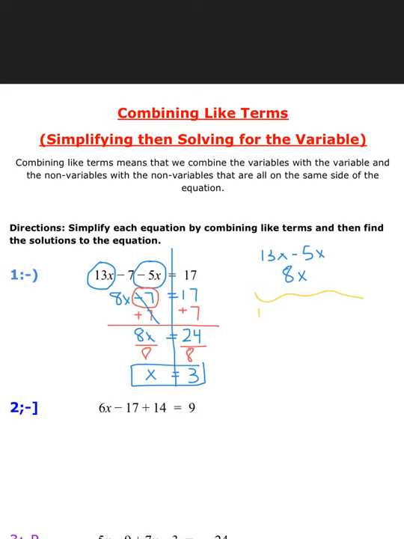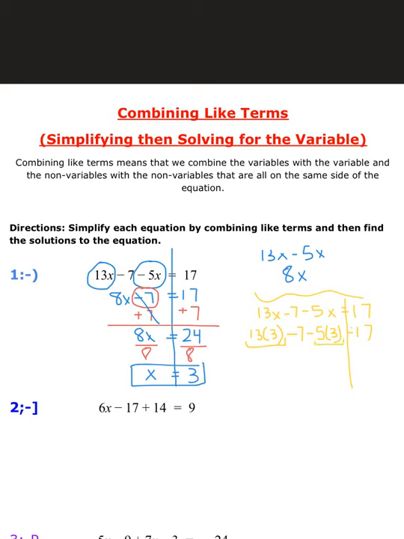That would mean you take the original equation, so 13x minus 7 minus 5x, the whole long non-simplified equation, and substitute in the value you got for the variable, so 13 times 3 minus 7 minus 5. There's another x, so we substitute 3 in again, and then we work out everything on the left side.